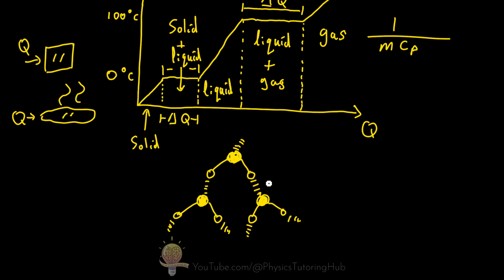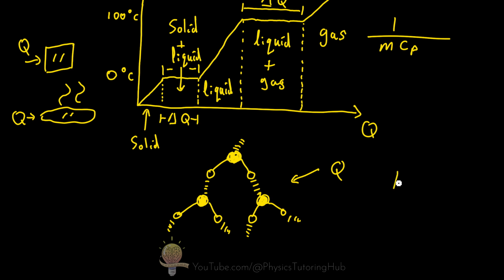So in order to separate these water molecules from one another, we can add heat energy to the substance. And what this does is it increases the potential energy of these water molecules, allowing them to move further and further apart, which means that these attractive forces will have less influence over the water molecules themselves.